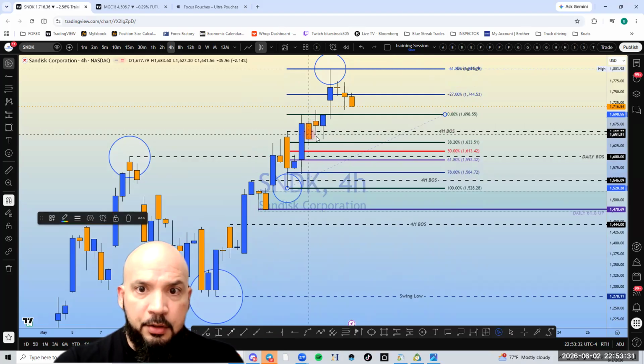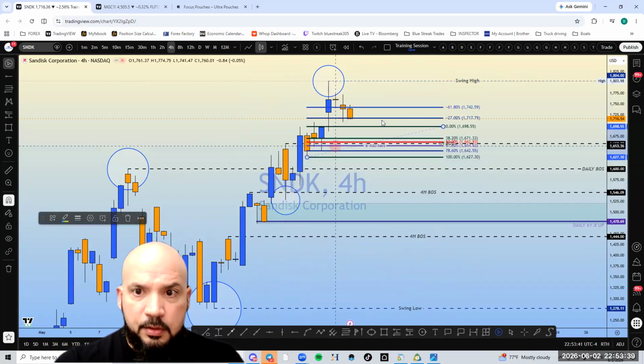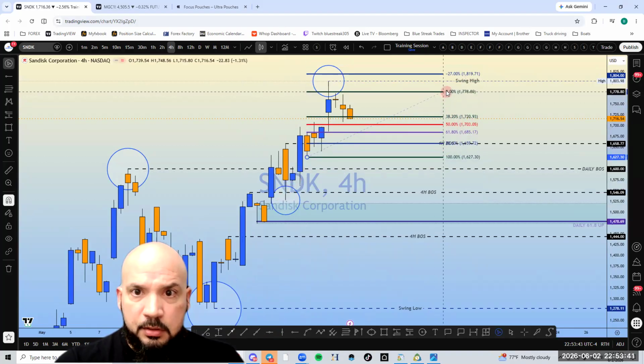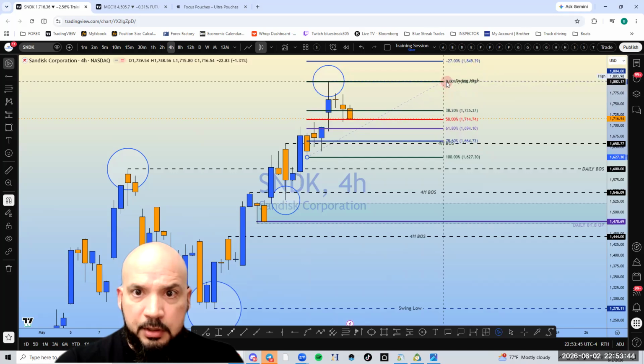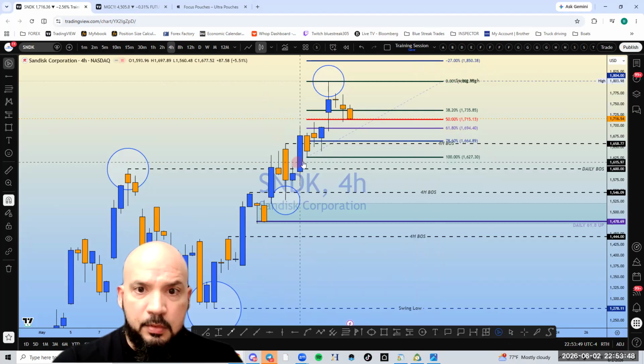We've got another 38.2. So this has the behavior of shallow retracements. It doesn't give steep retracements. It gives shallow retracements. So this time it's cracking down.